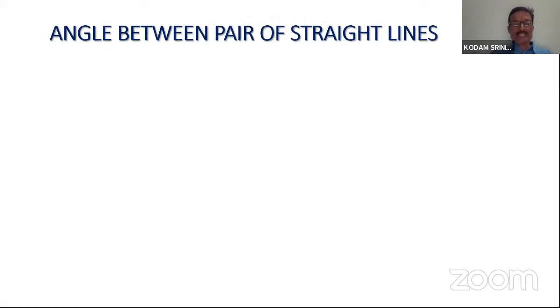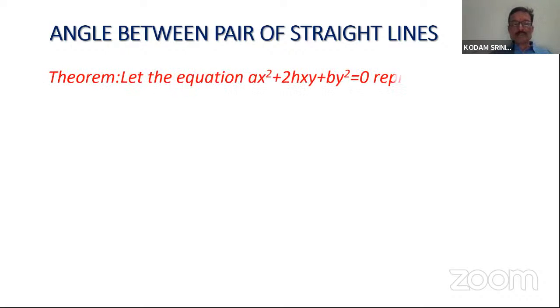So let us discuss the angle between a pair of straight lines. Already we have discussed this in the previous chapter. If theta is the angle between the straight lines a1x plus b1y plus c1 equal to 0 and a2x plus b2y plus c2 equal to 0, then cos theta equals modulus of a1a2 plus b1b2 by under root of a1 square plus b1 square into under root of a2 square plus b2 square.